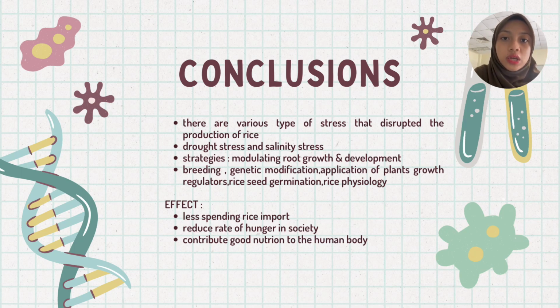In this way, it can help our country economically, for example, by less spending on rice imports, and can increase our income by exporting more rice to other countries. Thus, it can reduce the rate of hunger in our country in addition to contributing good nutrition to the human body.